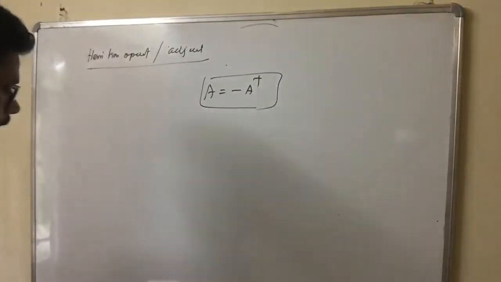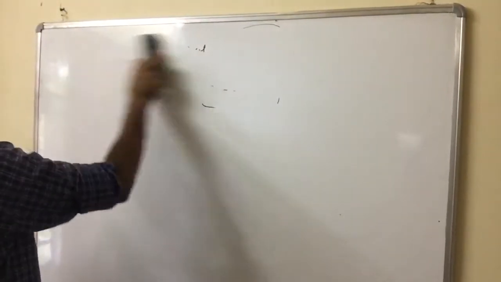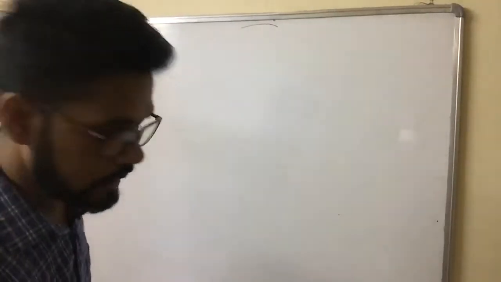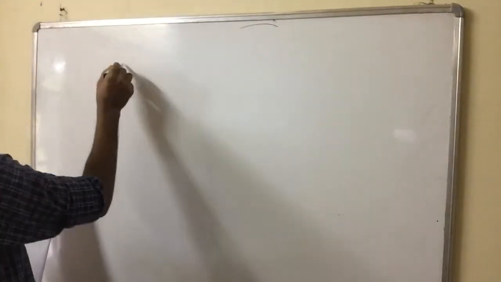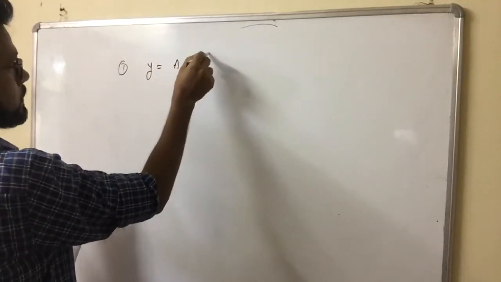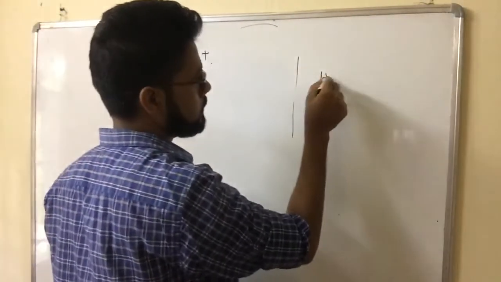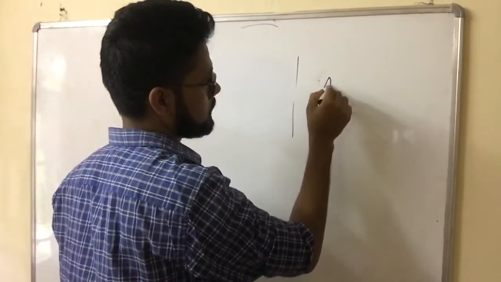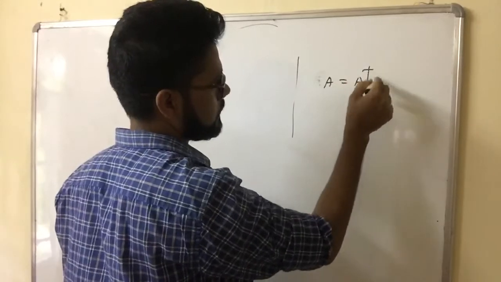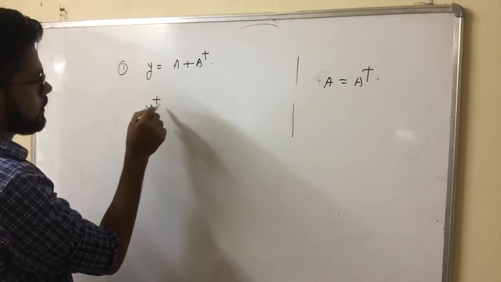Another example on Hermiticity. This is very, very important for NET exam or GATE exam, this question comes. See, which of the following operators is Hermitian? This is given. So what is the condition of Hermitian? If operator A equals A dagger, then it is Hermitian. So we have to check it. Y dagger equals how much?